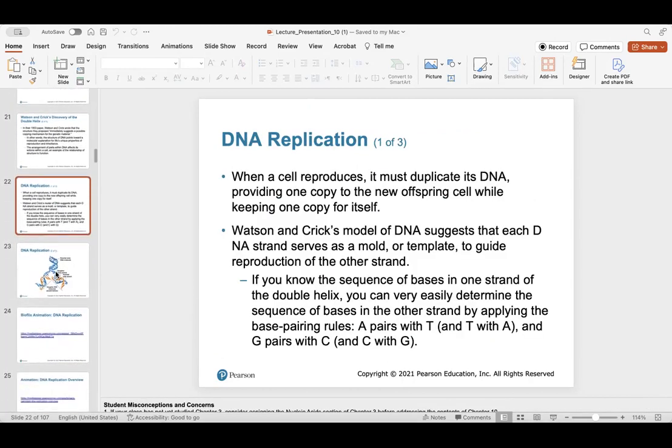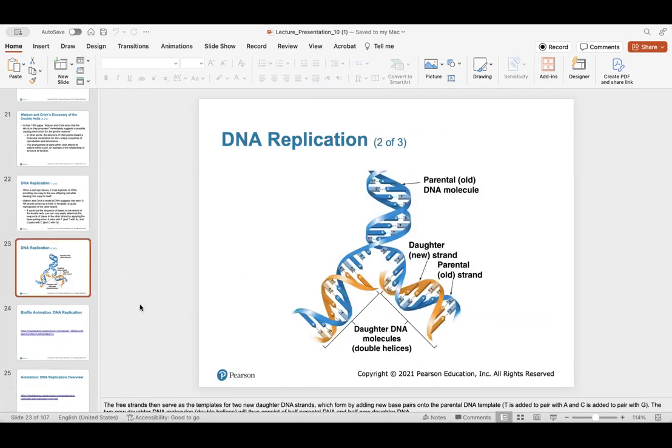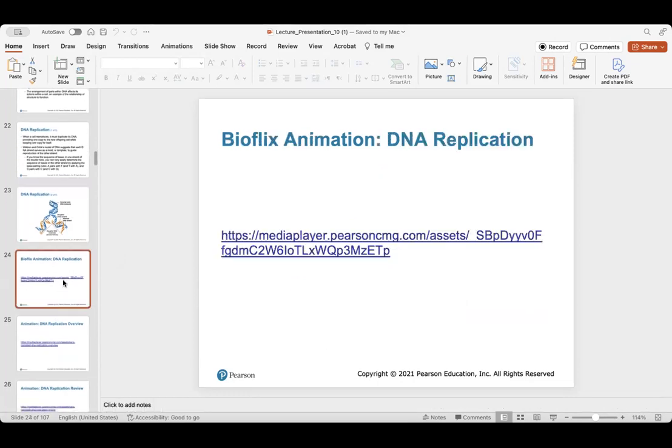We know when we talk about cells dividing, their DNA first needs to replicate. And this idea of how cells divide will be really helpful when you watch this animation. But DNA must be replicated before the cell can divide. And really simply, we have a parent, the old DNA molecule that gets unzipped, and then new daughter strands will get complementary paired up with half of that old strand of the parent molecule.